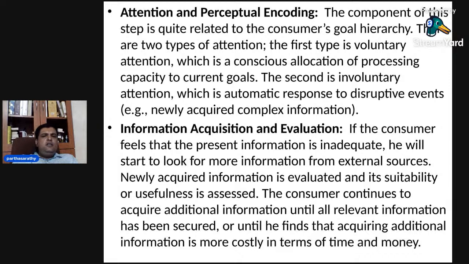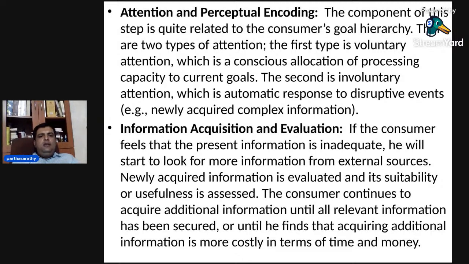Next is the information acquisition and evaluation. If the customer feels that the present information is inadequate, he will start looking for more information from external sources. Of course, information inadequacy means he will go for further information. Newly acquired information is evaluated and its suitability or usefulness is assessed. So whether that information is really useful is being assessed.